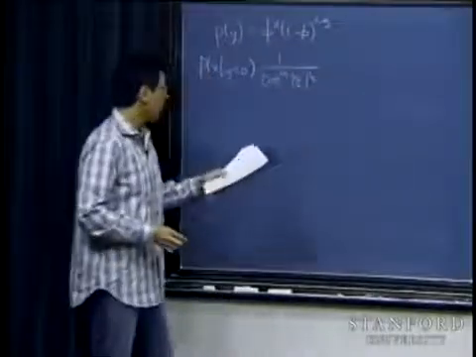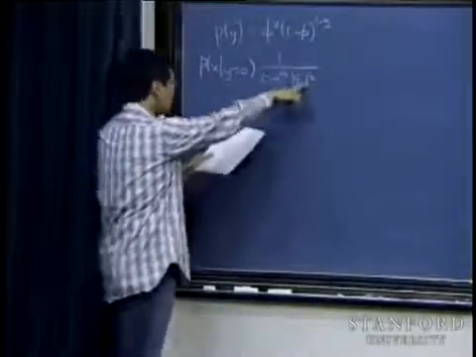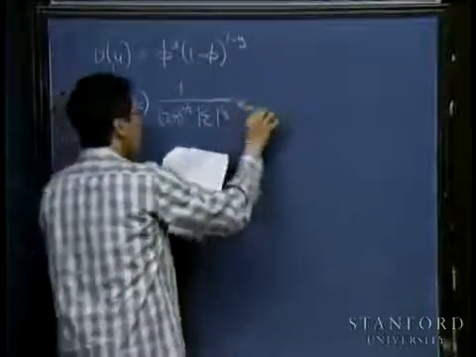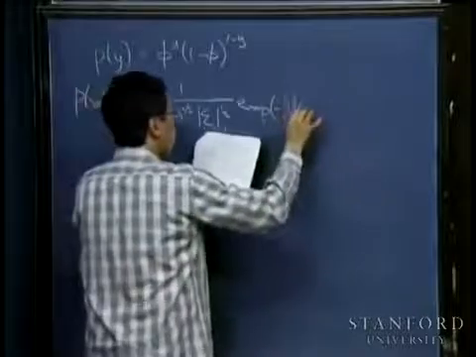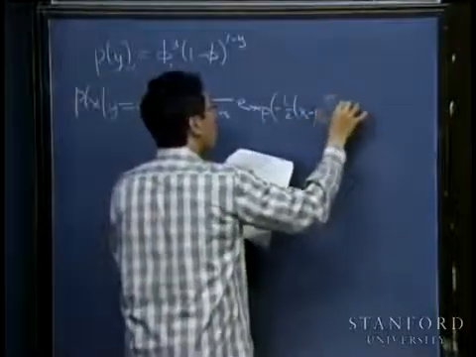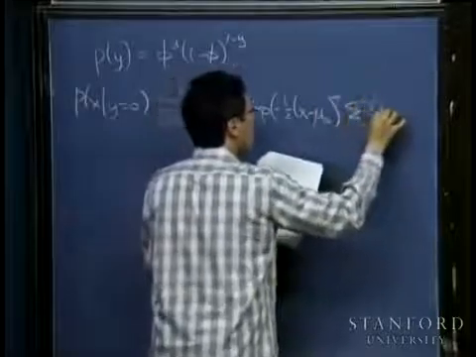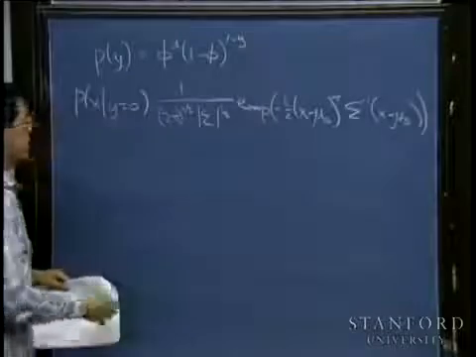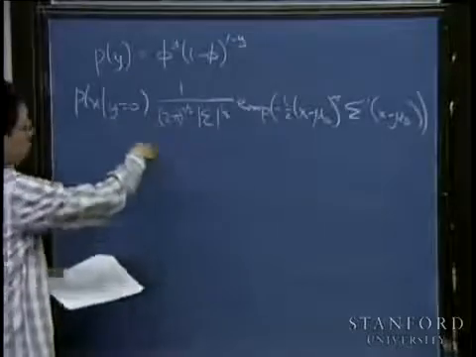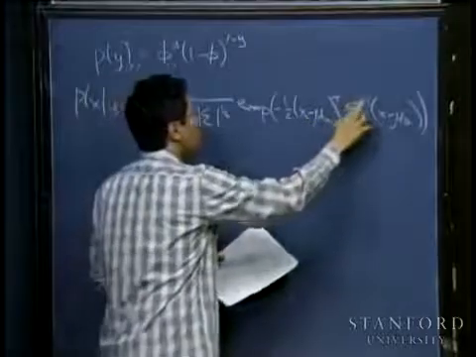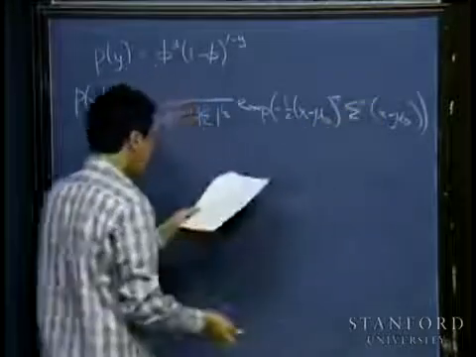Right, I was missing the determinant of sigma to the 1/2 on the previous board, excuse me. Okay, and so I model P of x given y equals 0 as a Gaussian with mean mu 0 and covariance sigma.